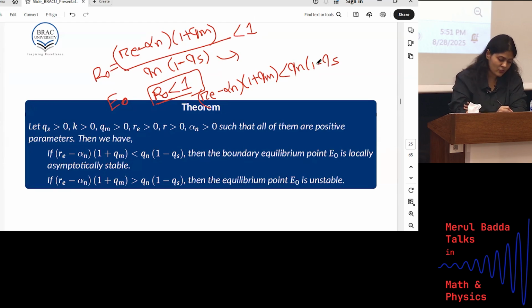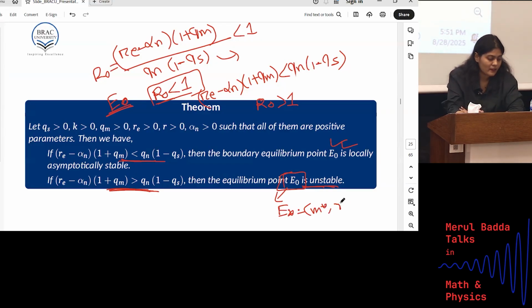So we can say if this condition is satisfied, this is stable. And similarly, it is unstable when R naught is greater than 1. So that's why we can say when this condition is satisfied, E naught is unstable. If it is unstable, there is an endemic equilibrium point.